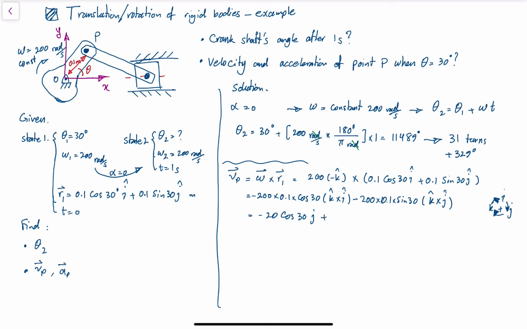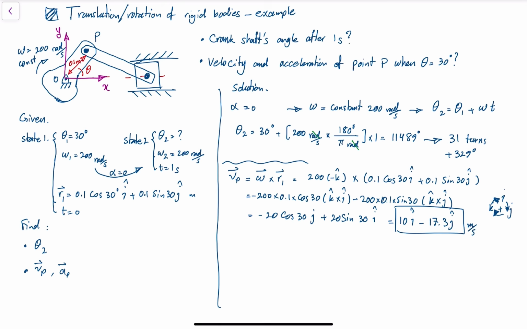This becomes positive 20 sine 30 i, and all of this is 10 i minus 17.3 j meters per second.